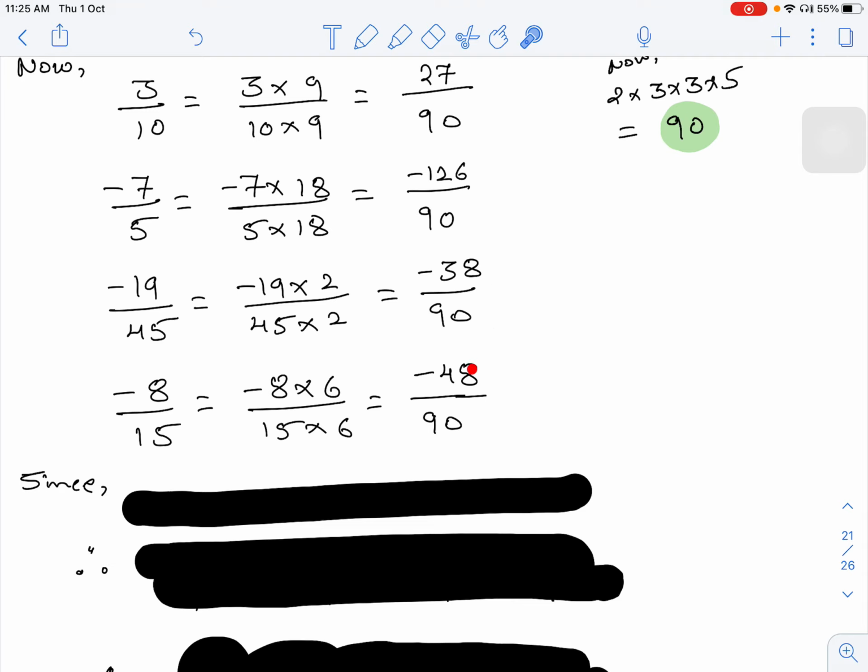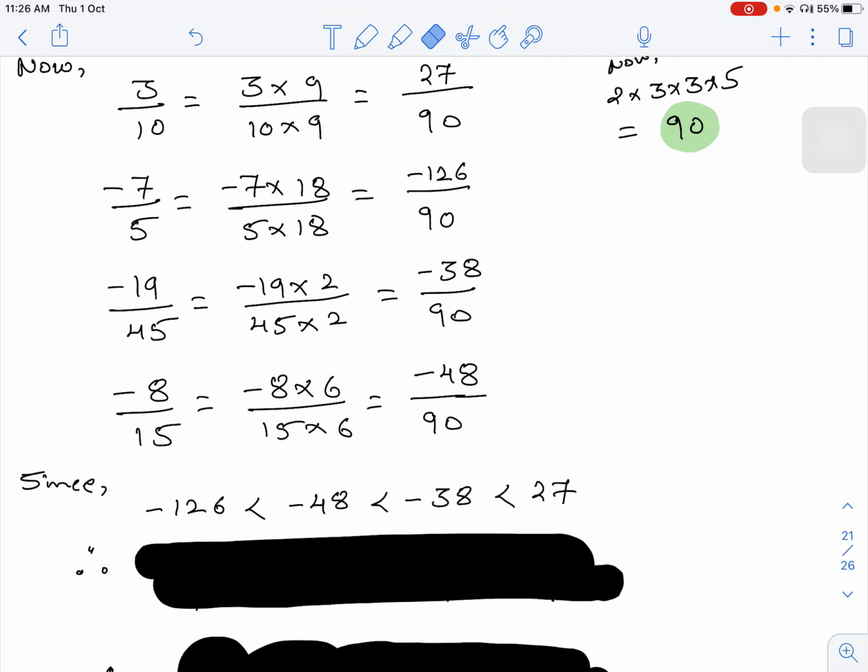These three have the same negative sign, so the number which seems bigger becomes the smallest when the minus sign comes. So minus 126 is the smallest number, then followed by minus 48, then minus 38, and then finally 27.